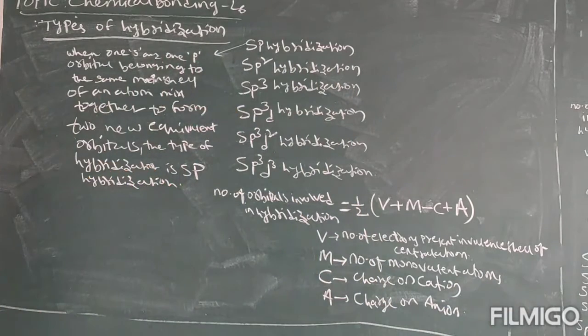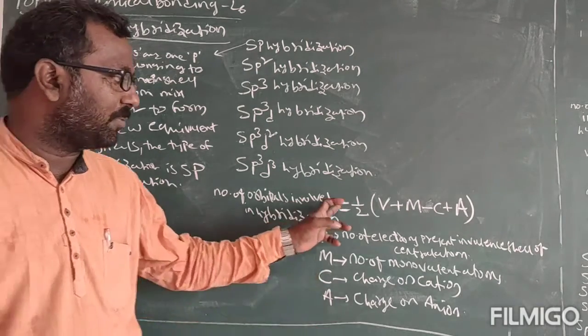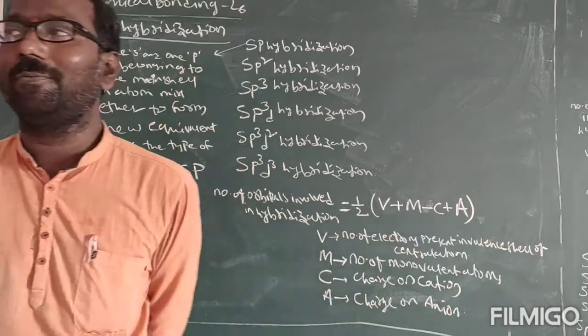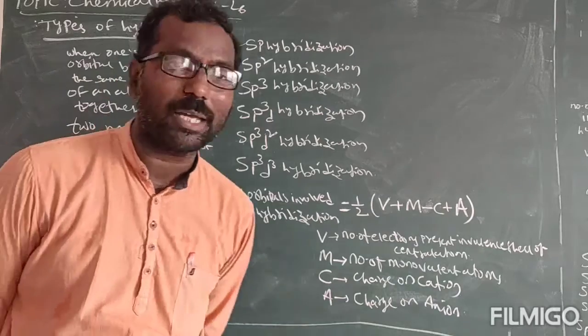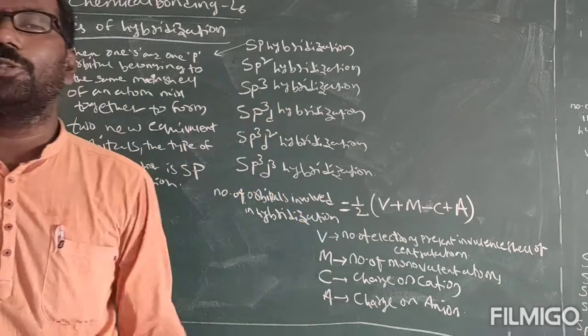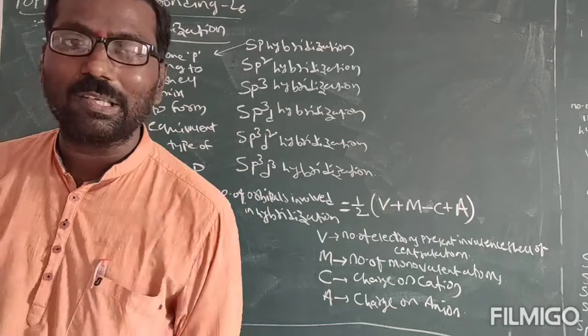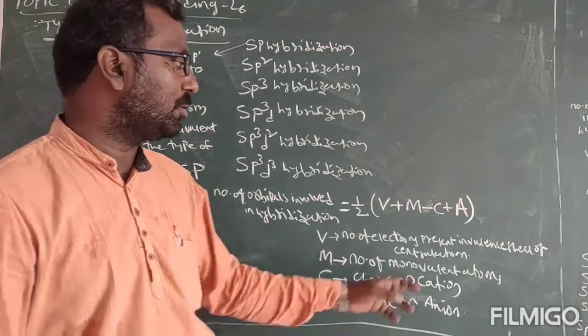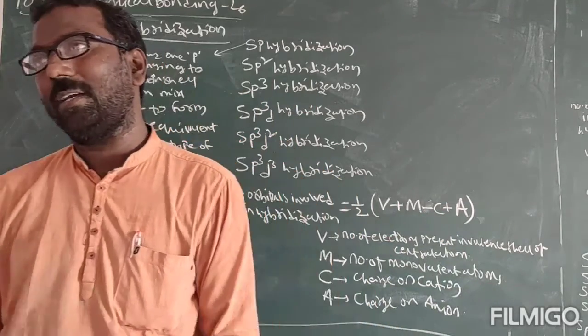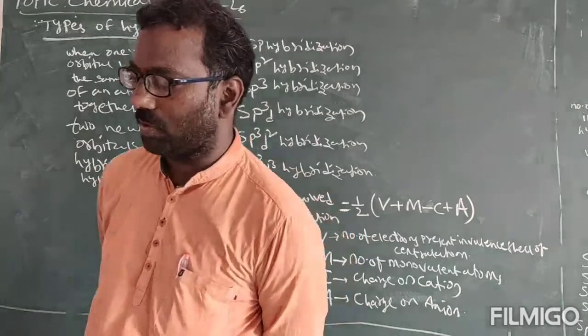Suppose you want to calculate how many hybrid orbitals are there; this is the formula: half into V plus M minus C plus A. You should know the central atom and its valency, and at the same time if any cations or anions are there, their charges also.